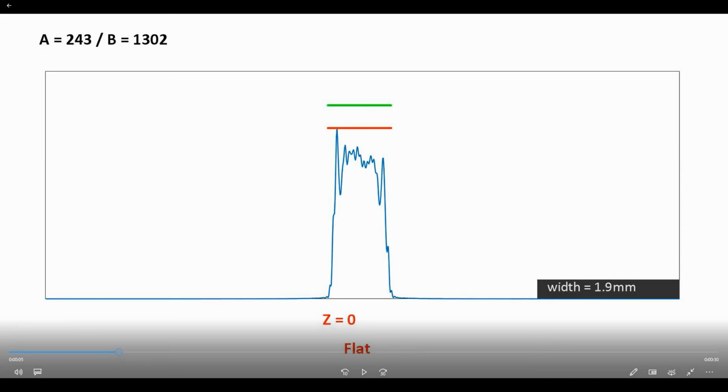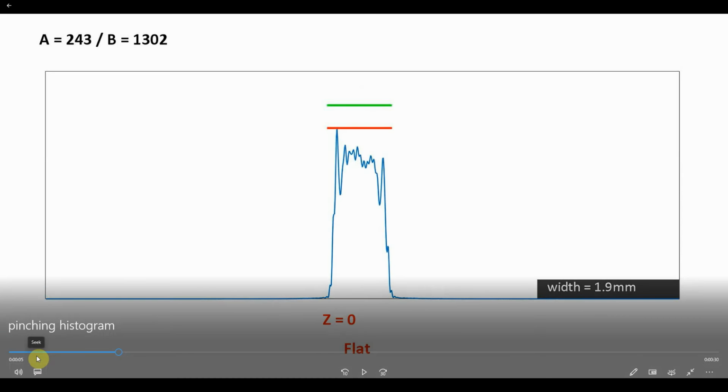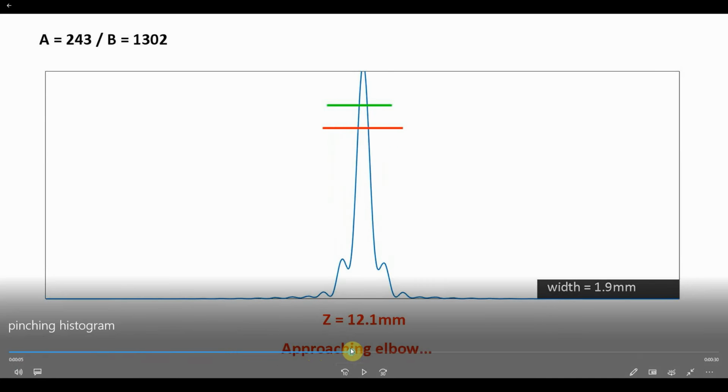To see this quantitatively, we can plot it as a one-dimensional function of power versus position. The red bar represents the width as determined by 4 standard deviations of the distribution. When we advance, we see that a narrow spike forms right in the center.